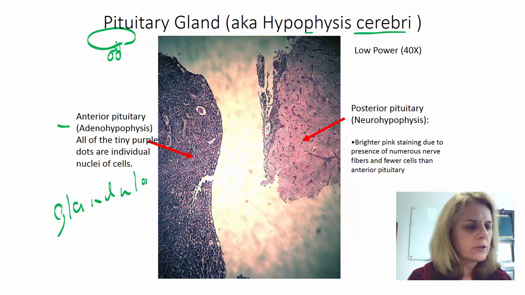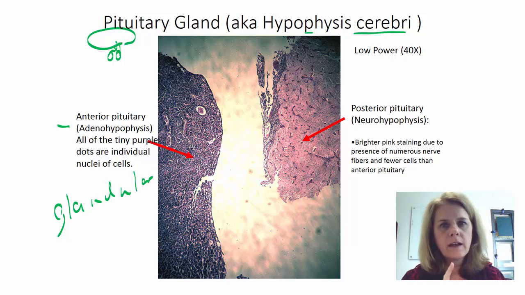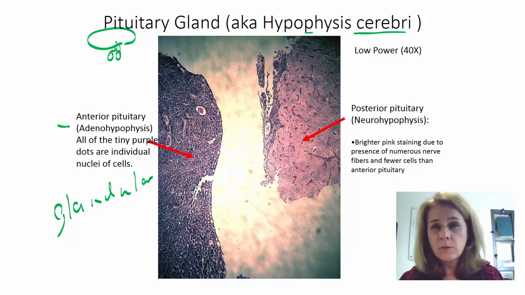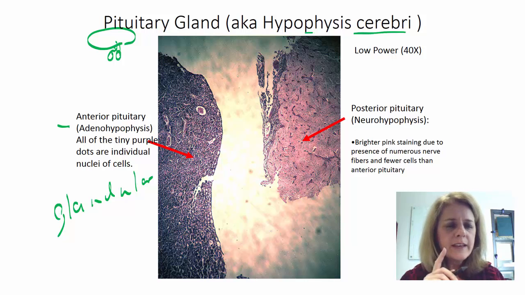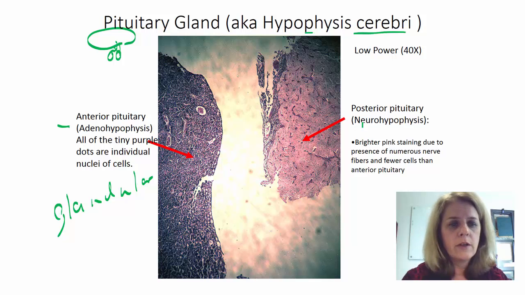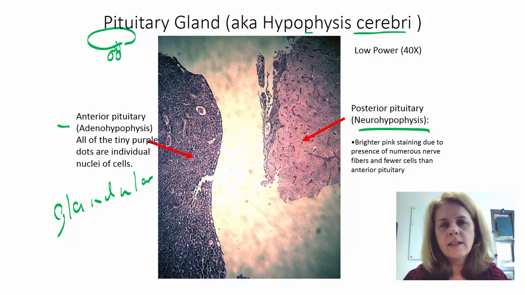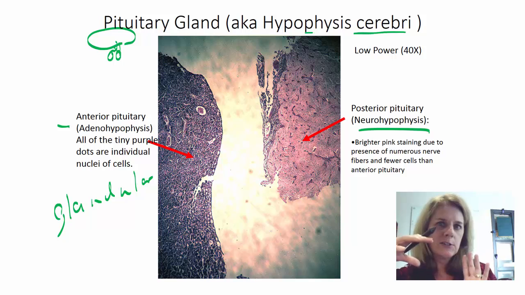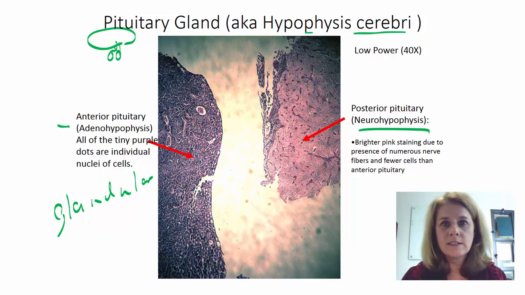During embryology, during development, it's made from some tissue from the top of your mouth. So think of tonsils and salivary glands, so it's glandular. Whereas the posterior pituitary, the neurohypophysis, is made up of tissue coming from the brain. So you have mouth tissue and brain tissue coming together and forming these two glands that we call the pituitary.